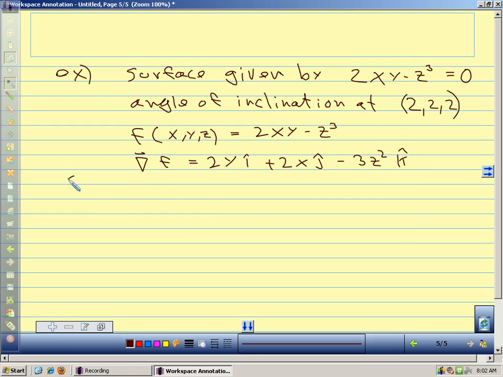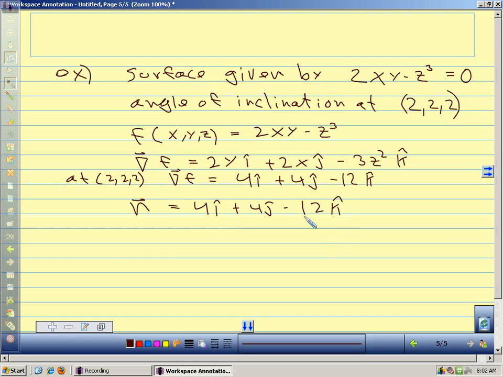And at our point (2, 2, 2), our gradient is going to be 4i plus 4j minus 12k. This gives us our normal vector. So n, our normal vector to our surface at that point, is 4i plus 4j minus 12k.